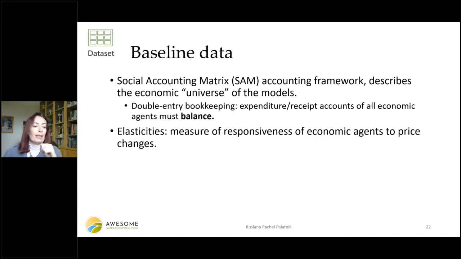Okay. And another set of data should be those elasticities, the elasticity of substitution between different water types that I presented before. These are the key parameters that measure the responsiveness of economic agents to price changes. These are parameters that we can impose or estimate for the model to work, to replicate the data.